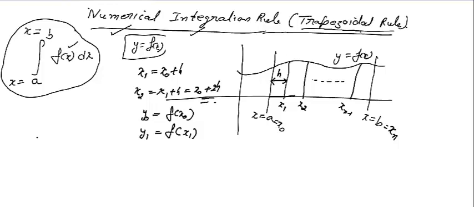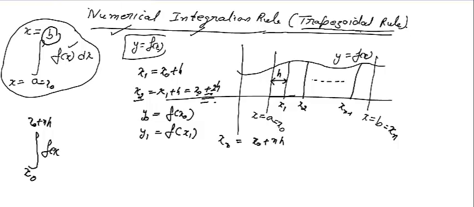So the trapezoidal rule gives the formula like this: from x naught, a equals x naught, it is the starting point, and b will be x naught plus nh, that is xn.